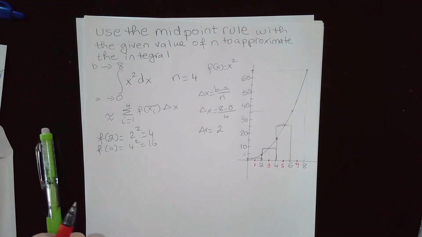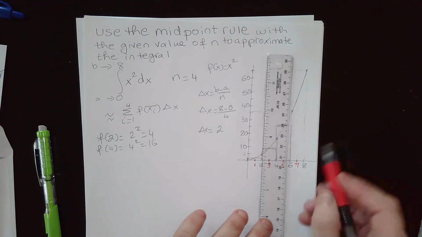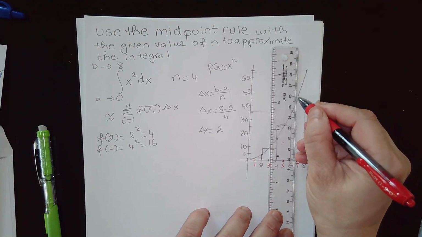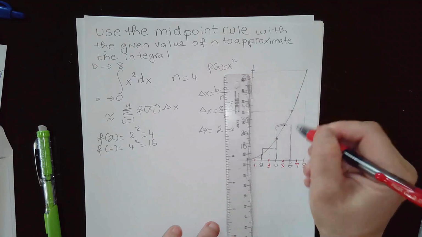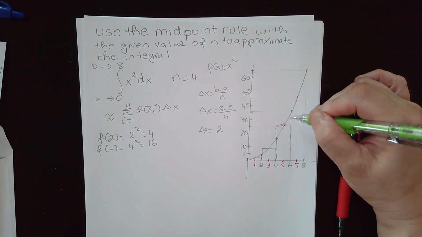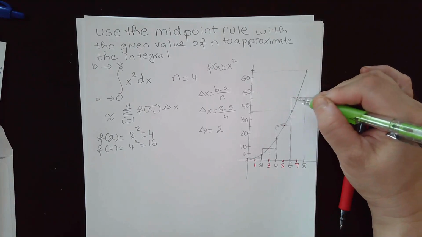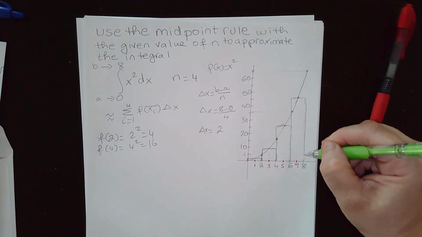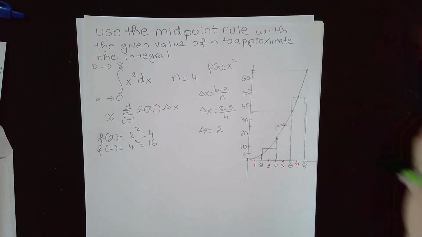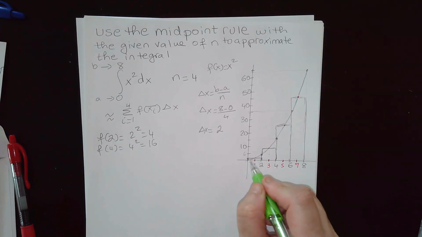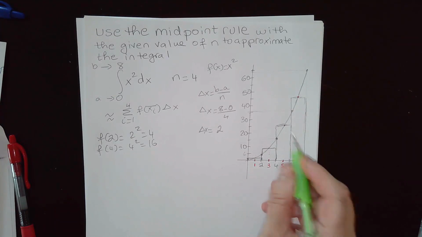And again, we need to know where the function is when x is 7. It's right there. So there you have it. Here we have our 4 rectangles: this one, 2, 3, 4.